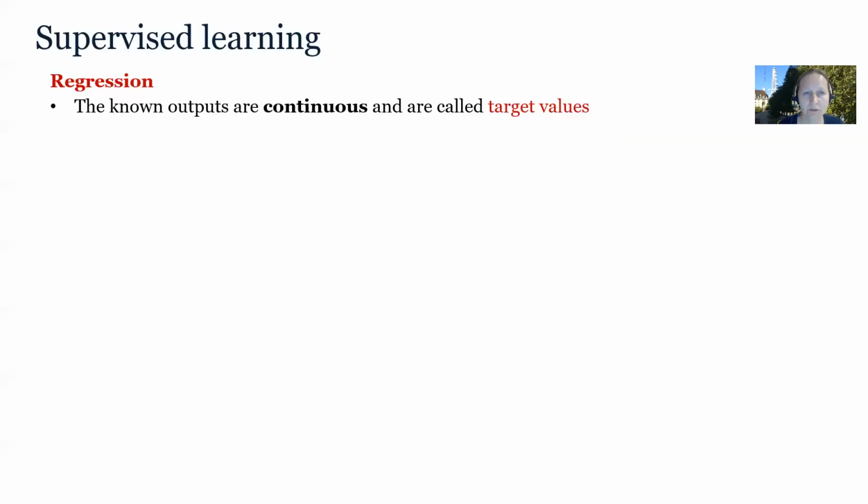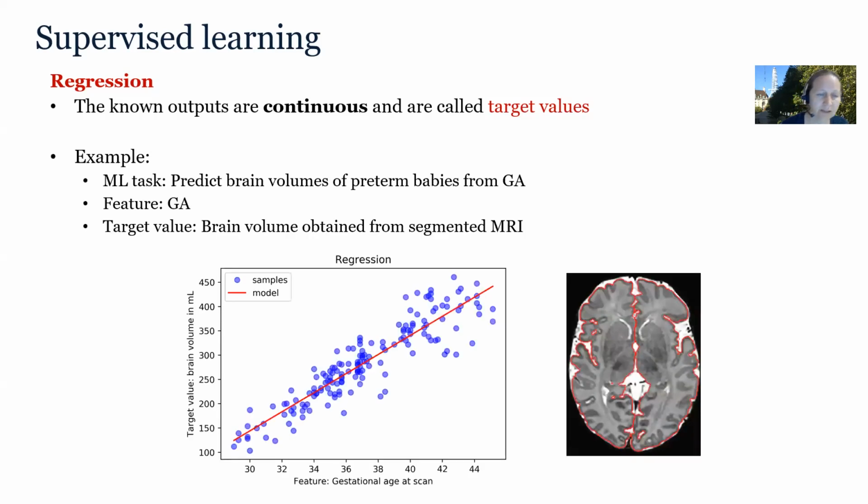Let's have a closer look at supervised learning. A regression is a type of supervised machine learning task where the outputs are continuous, and the continuous outputs are called target values. An example of a regression task is a prediction of brain volumes of preterm babies from their age. So these volumes can be accurately calculated from MRI images.